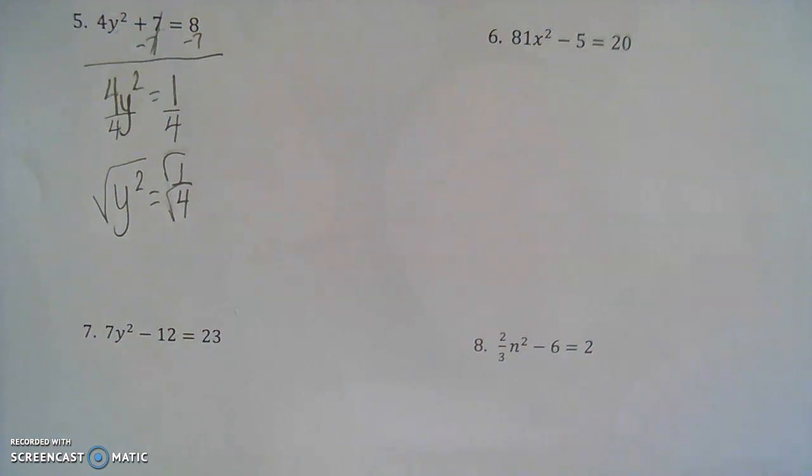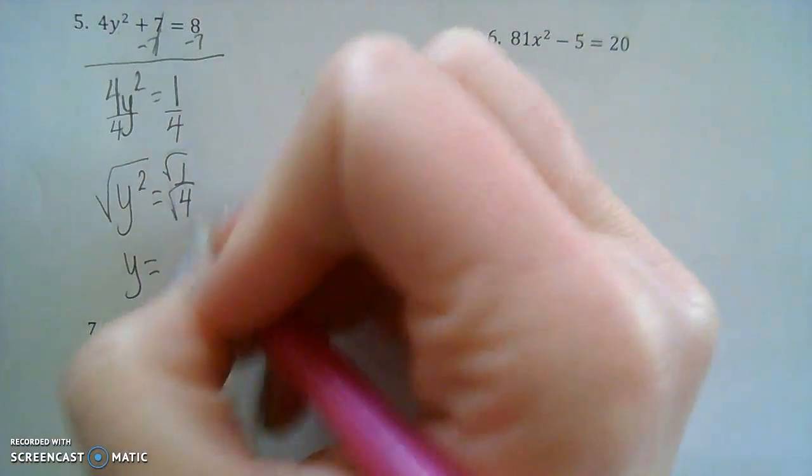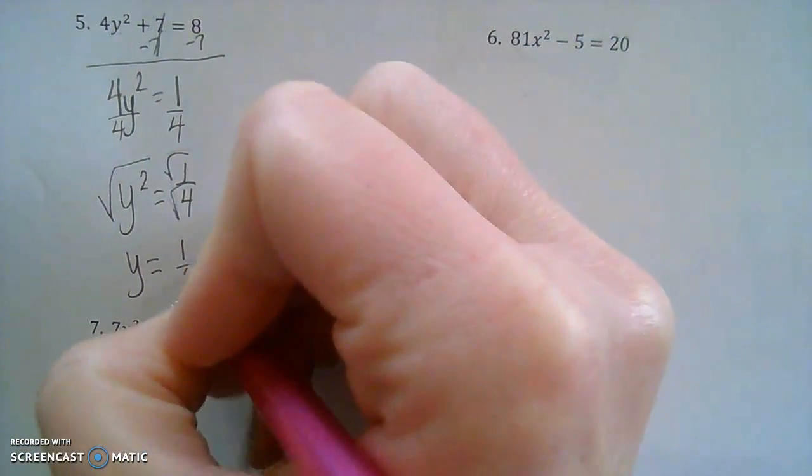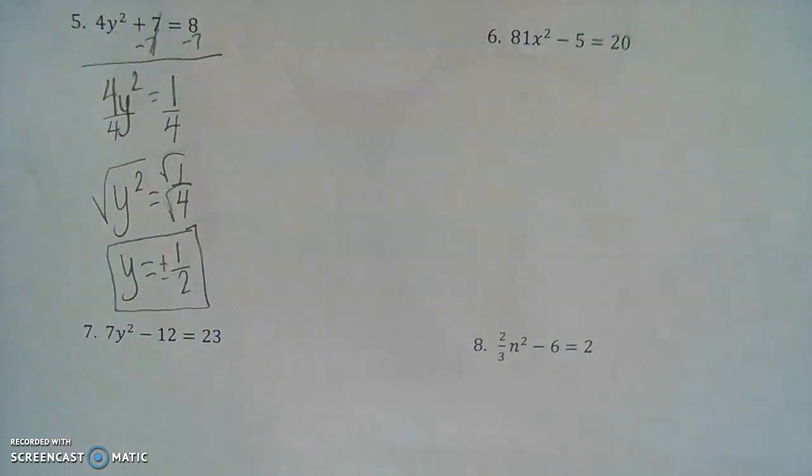That was the property we looked at the other day. So y equals square root of 1 is 1, square root of 4 is 2, and then don't forget the plus or minus. So positive and negative 1/2 is the square root of 1/4. So everything is going to be left as a fraction if you need to.